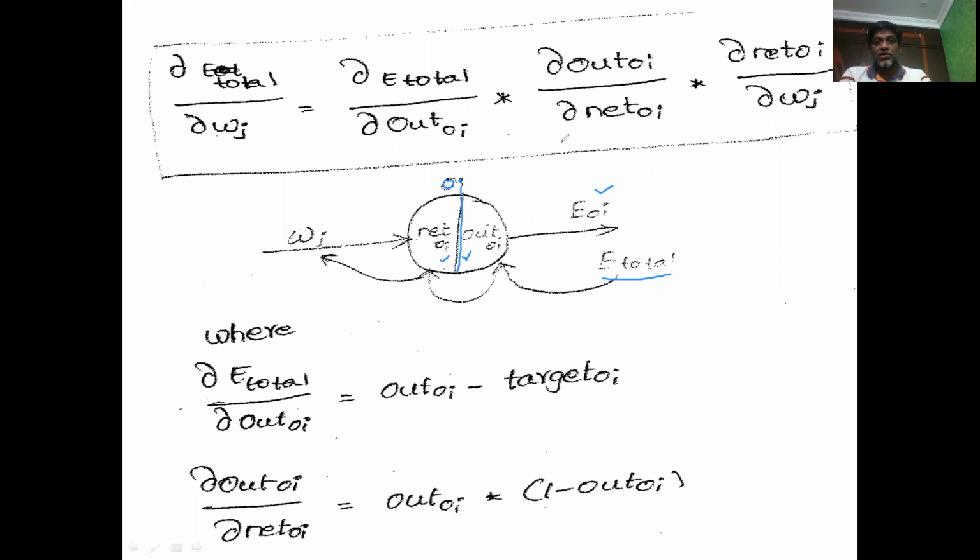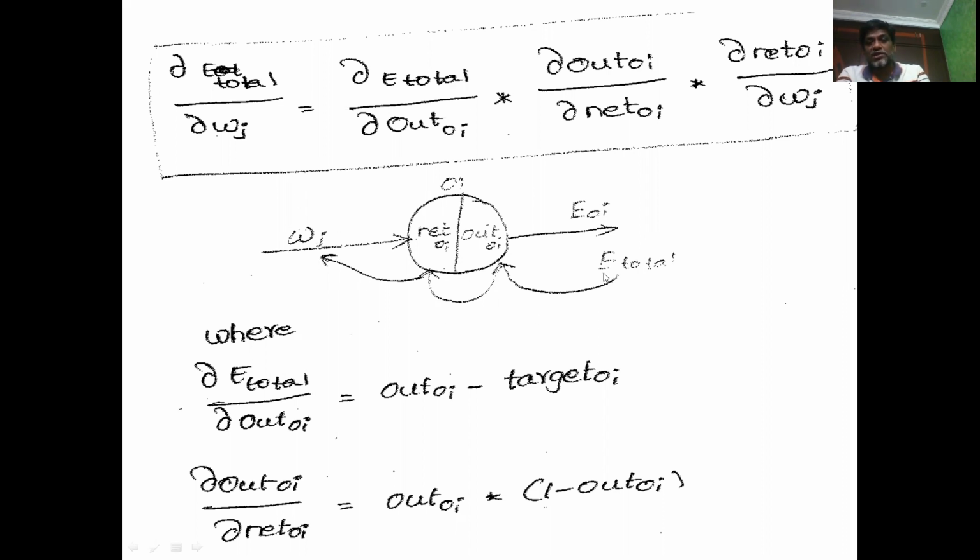Now to calculate the update towards Wj with respect to the error produced, this is the formula: dou E total by dou Wj. We need to calculate this. The meaning is how this error contributes to the updation of Wj.